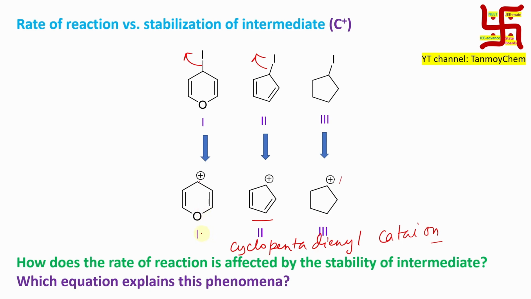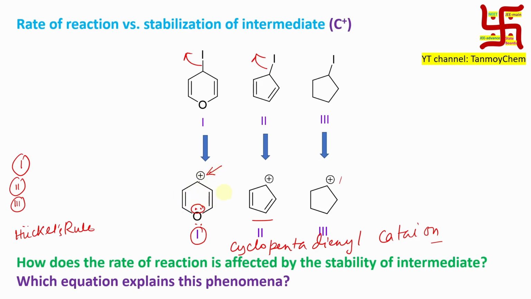Now if you look at carbocation number 1, it is, students, aromatic according to Huckel's rule. What does Huckel's rule say? Huckel's rule says that the compound must be cyclic. Okay, so it is cyclic. The compound must be planar. Yes, it is planar. It must be conjugated and every atom has a p orbital. Look at this, oxygen has two lone pairs, one of the lone pairs is in a p orbital. And by the way, this is a positive charge.